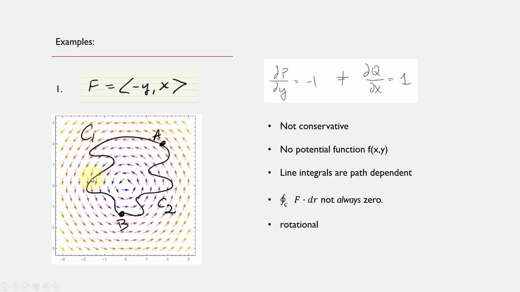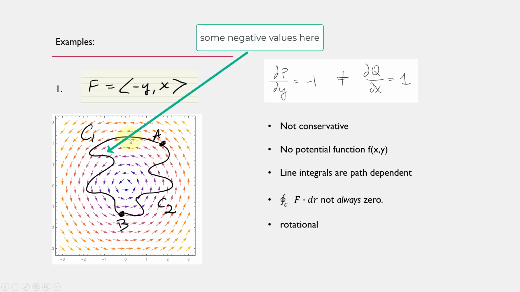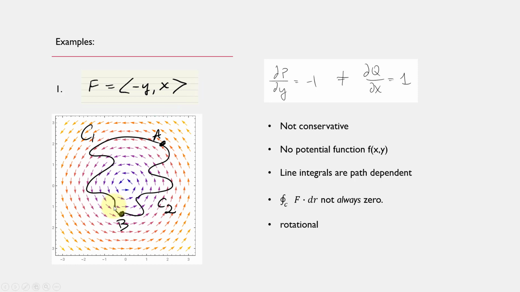That seems to be pretty much all the way, so it looks like there's going to be a positive total contribution from all these vectors. If you add up the tangential components of these vectors along this path, you're going to get a positive. Some places it's larger, and some places that component may be smaller, but overall it doesn't look like there's any negatives, and so I would guess a positive value.